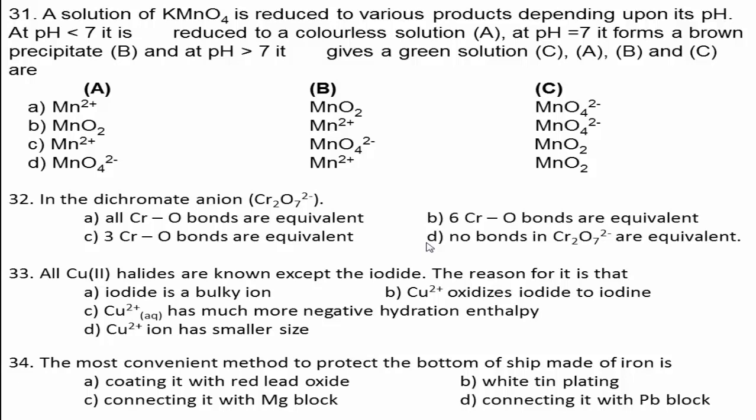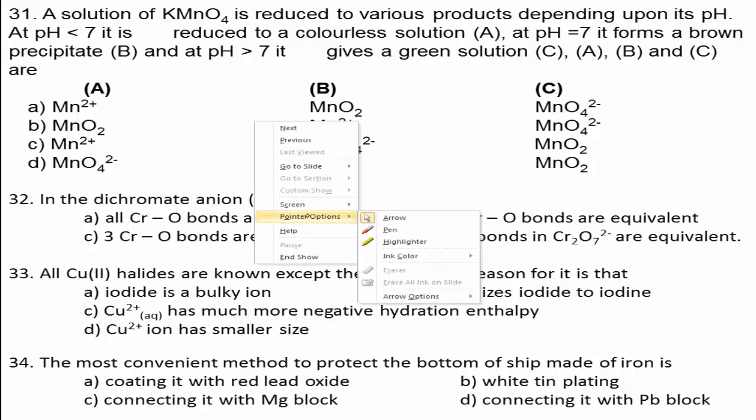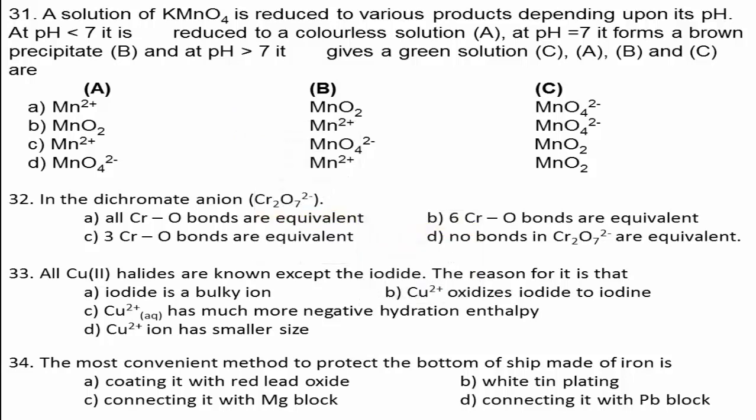At pH greater than 7, it gives a green solution, MnO4 2-. Therefore, the correct answer for this question is option A.